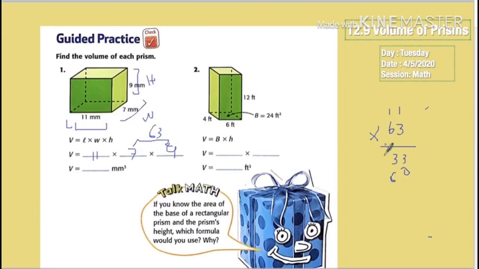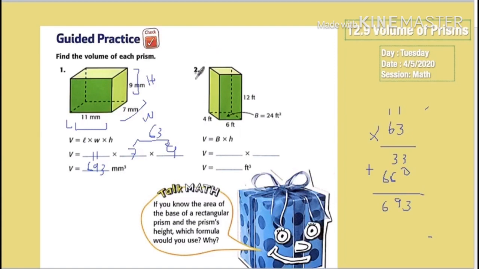And 6 times 1, 6. Add them together. 3 plus 0, 3. 3 plus 6, 9. And then we bring 6 down. So the volume equals 693 cubic millimeters, or you can say 693 millimeters cubed.